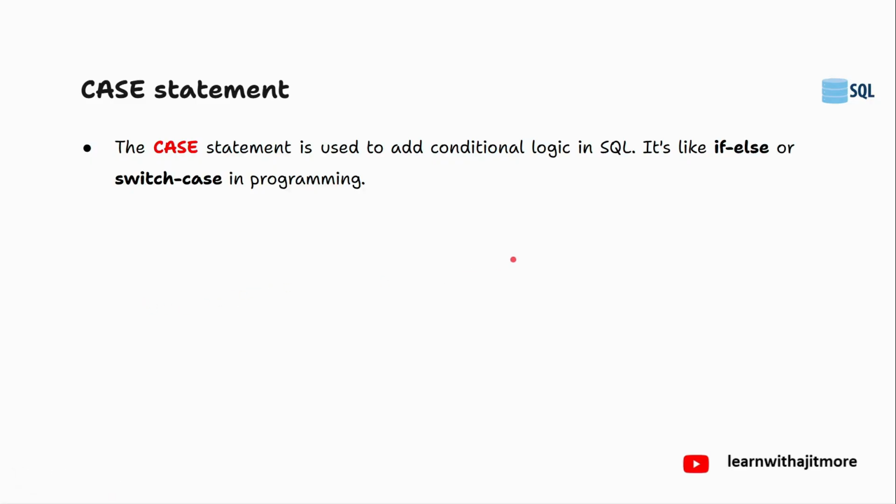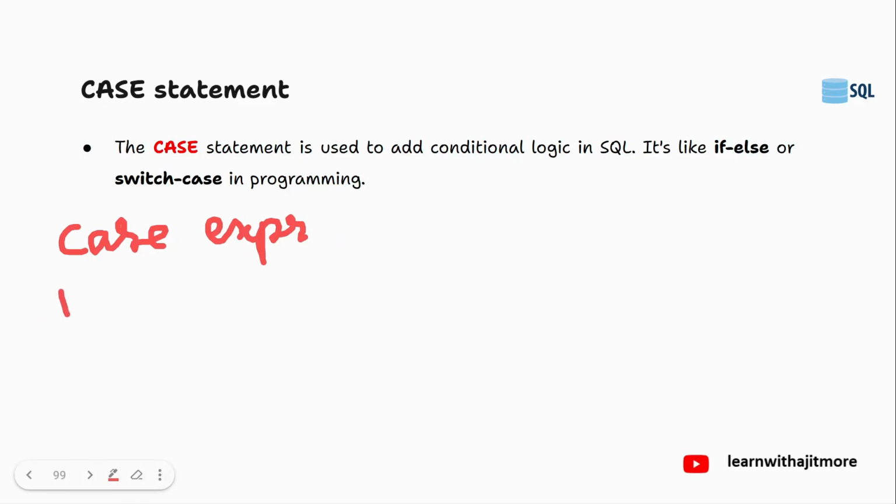And second is searched case, where the conditions are tested. The conditions can be different. So we have to write like this: case, then the expression. Generally, that expression can be a column or an expression in which columns, some operators and constant values are involved.